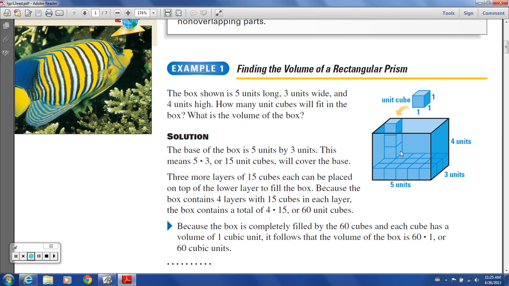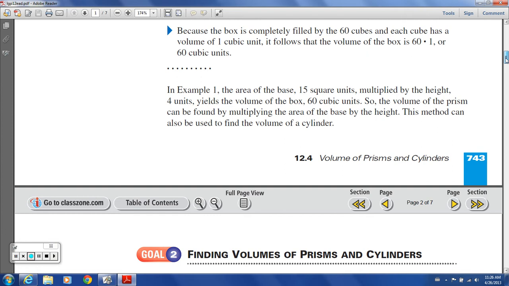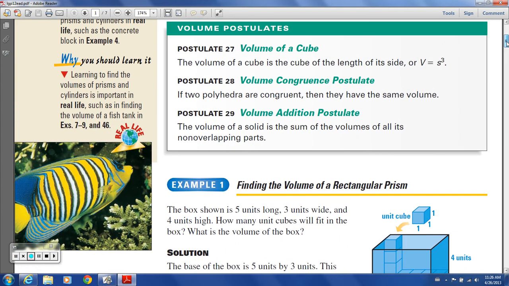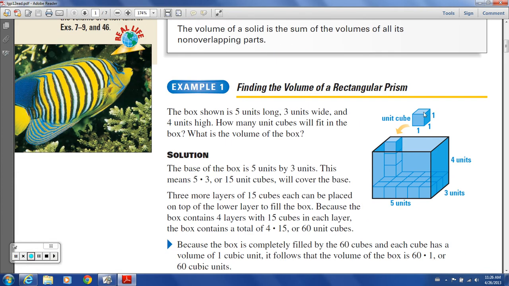Yeah, example 1, the volume of a cube or a box, you can use the idea of length times width times height, or side times side times side if they're all the same. The volume of a unit cube would be 1 times 1 times 1. So this is a cube. This actually is a rectangular prism though.